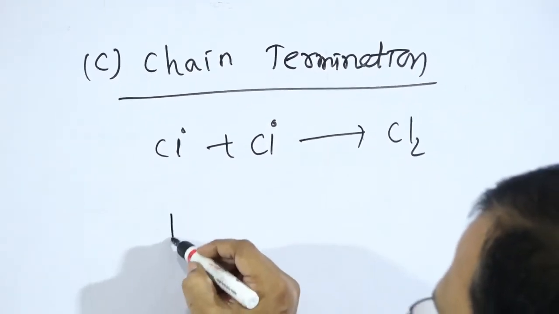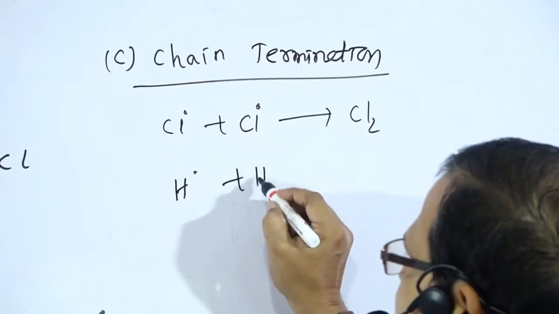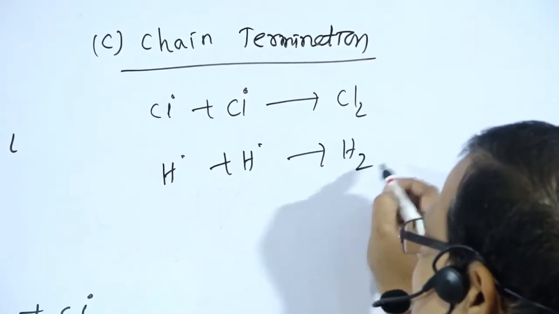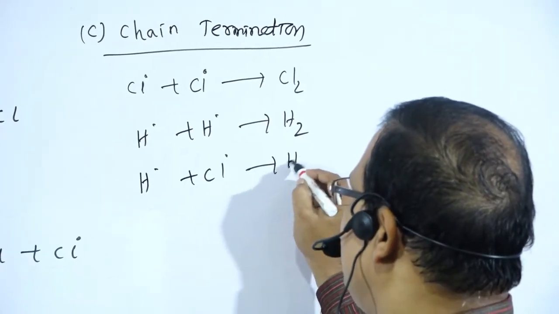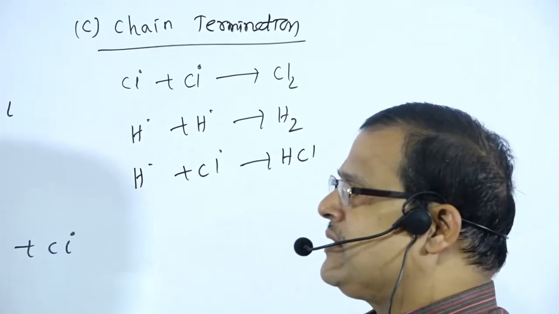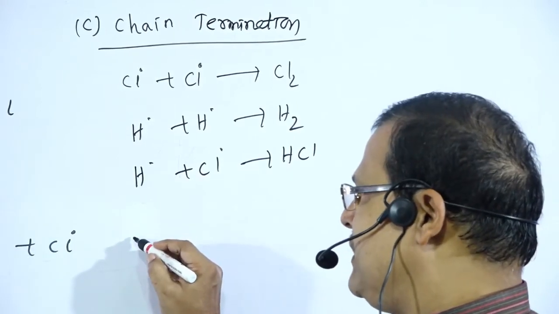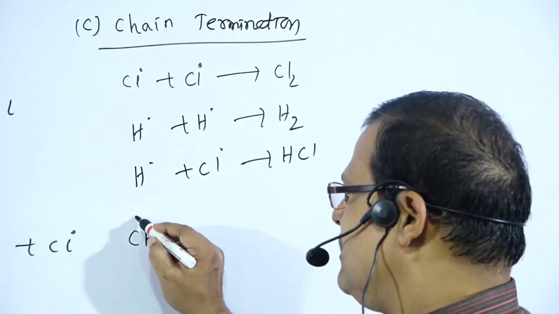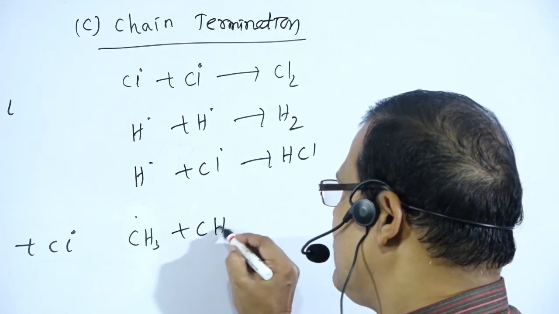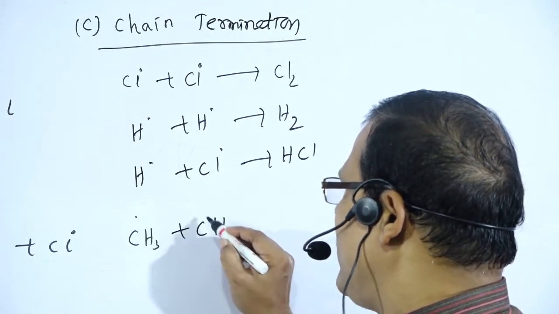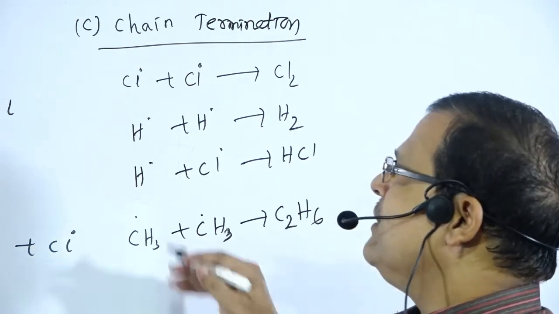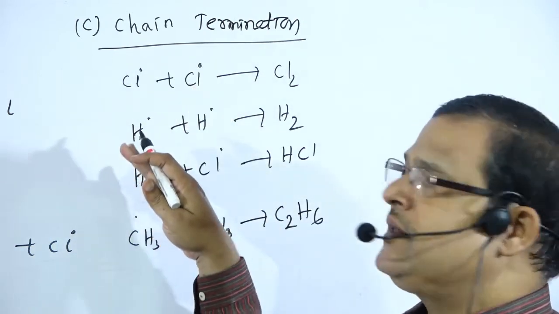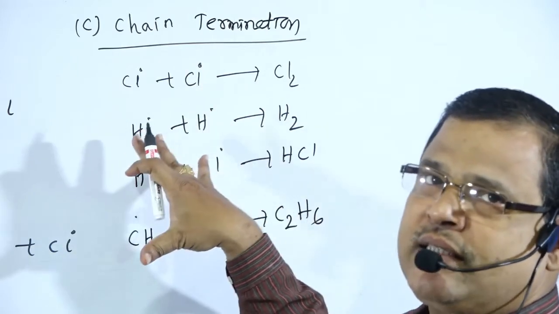Or H dot, if produced, combines to form H2, or H dot and Cl dot combine to form HCl. And again there is a chance of formation of species like CH3 dot, which combine to form C2H6 and so on. These are the side products, not so prominent, where the chain has been terminated at this step.